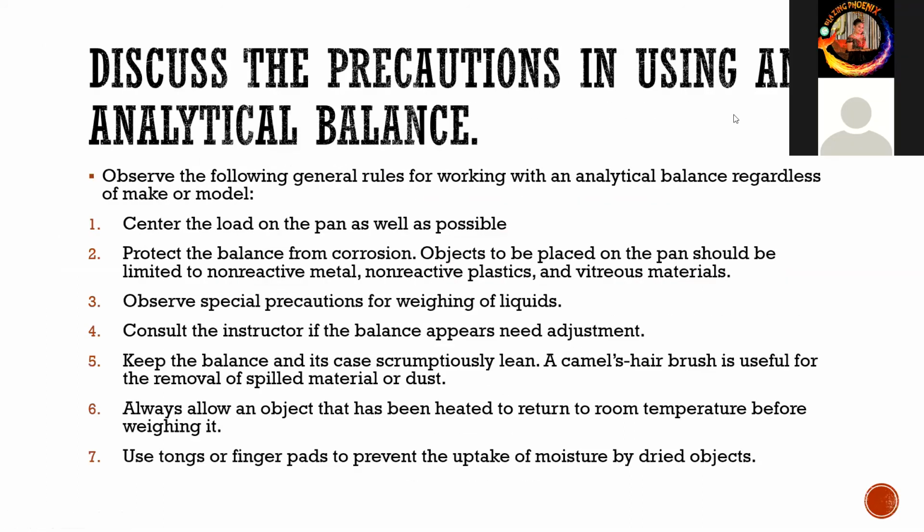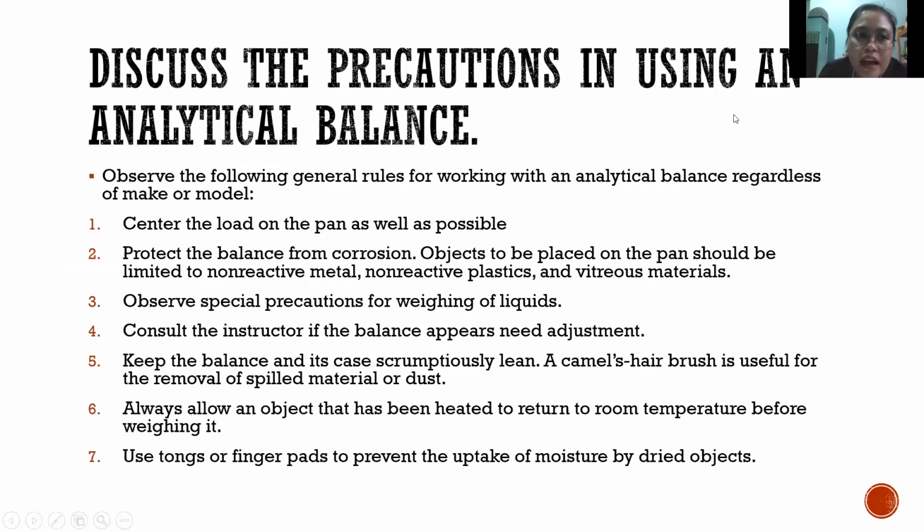So, the precautions reported by Rosel are correct. Let's just add. Make sure that we center the load on the pan, so it should be adjusted to the center, not tilted or on the side.